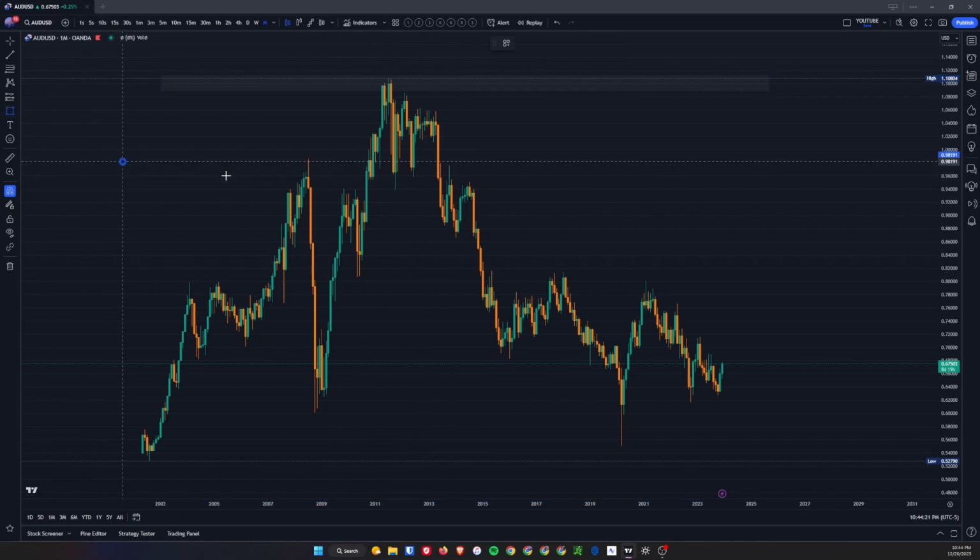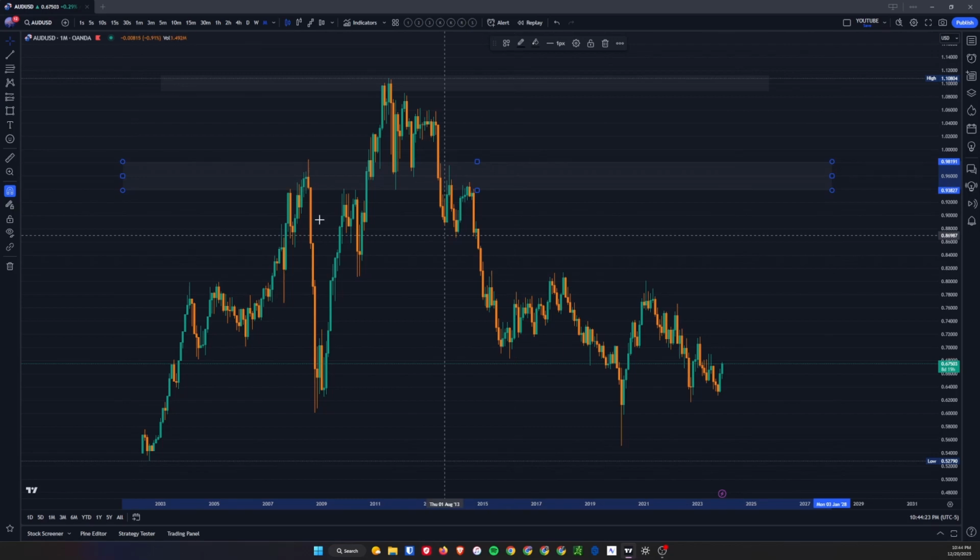Another level right here. What happened here? When it came higher, it respected it and came down. Came higher, came down. And on the opposite side, it came down, respected it, came back up. Came down, respected it, came back up.